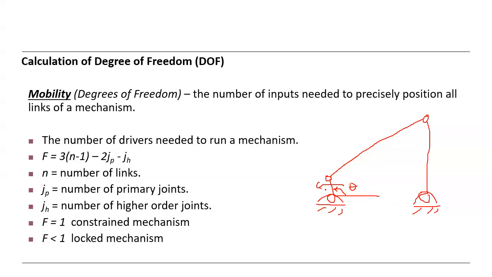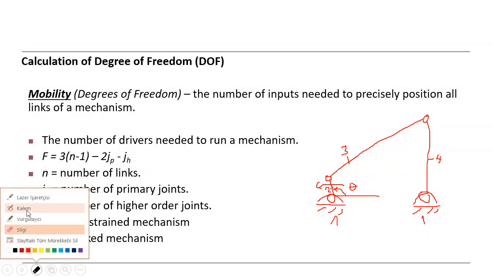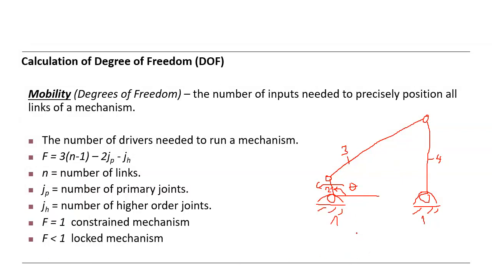So if we drive the member, let's say the member 2, this is the member 2, and this is member 3, and this is the member 4 or link 4. And this 1 we have fixed. Actually, this is a kinematic model or mechanism. We will discuss later, but now I think it is good that we mention it.